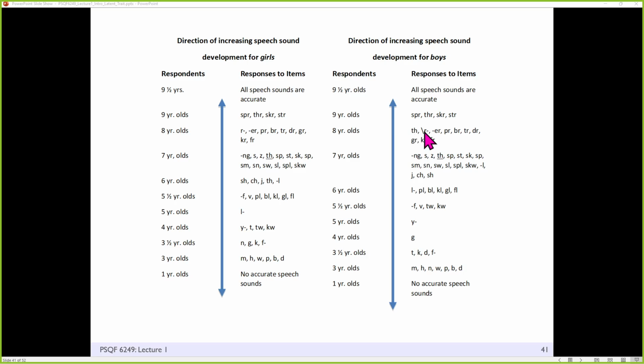It's either an F sound, like "three" is "free," or if it's in the middle of the word, like "bother," it's "bofer." So it's either an F or a D for him, for instance. But this was respondents varying in ability as a function of age, and then some speech sounds are harder to say correctly than others.